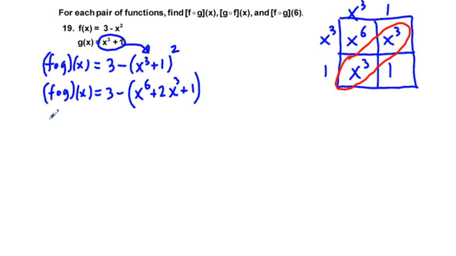And so just working this out, we have f of g of x is equal to negative x to the 6th minus 2x cubed, and then we have 3 minus 1, that's going to be plus 2. So this is what we're going to look like for f of g of x.